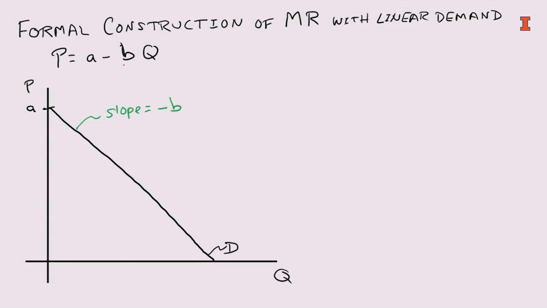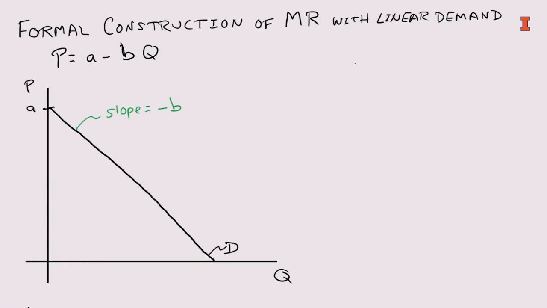And now I want to think about what the marginal revenue is. To do this, I'm going to do a little bit of calculus. Again, I'm not going to ever ask you to derive this calculus, but I'm going to show you using calculus a neat graphical trick that you won't have to use calculus to solve this, but it'll work perfectly as long as we stay in the world of linear demand curves.